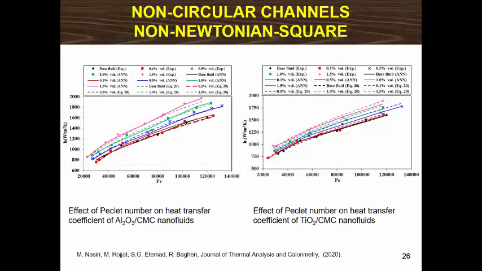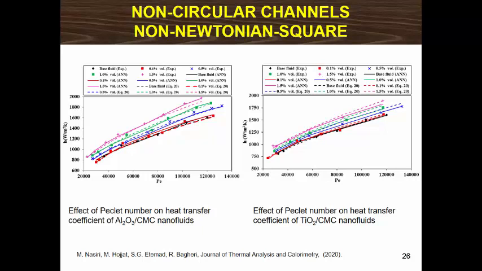Similar trends were observed for non-Newtonian nanofluids, as shown in these figures. They also found that for non-Newtonian nanofluids, the improvement in convective heat transfer of alumina nanofluids is greater than that of titanium nanofluids. For non-Newtonian nanofluids, the type of nanoparticles has a remarkable effect on the convective heat transfer enhancement.